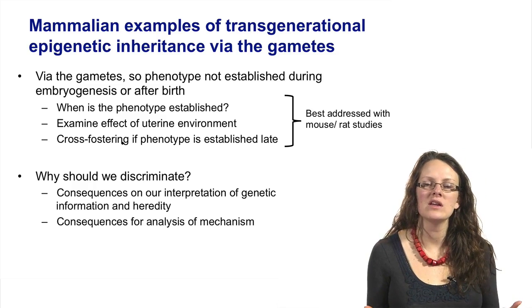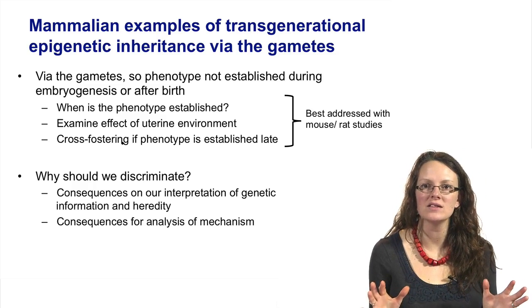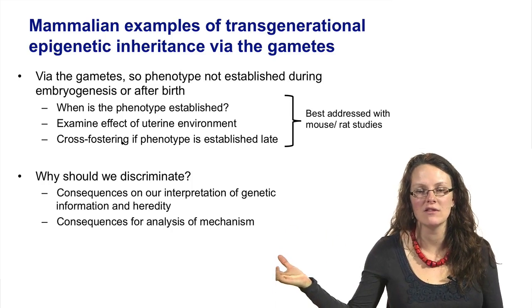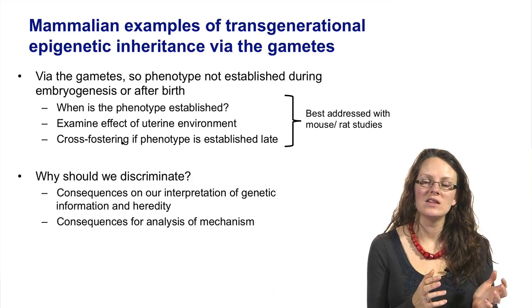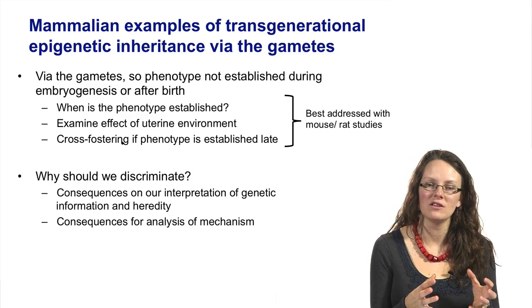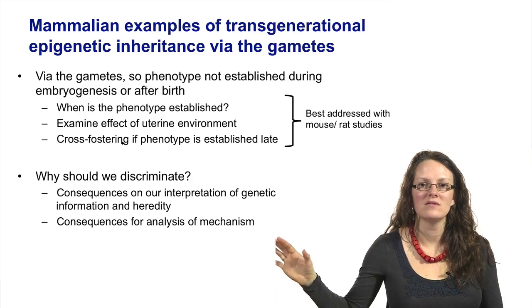If we want to think about how this is happening in terms of mechanism, we need to know whether it's something that's happening in the gametes or something that's happening much later on. That also means we need to think about whether it's when the gametes are developing that is the most sensitive period, or whether it might be some later time point in development.